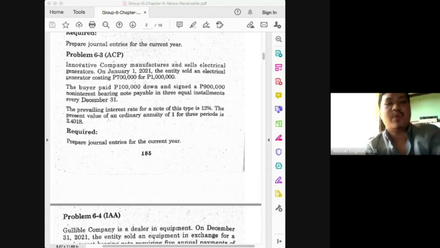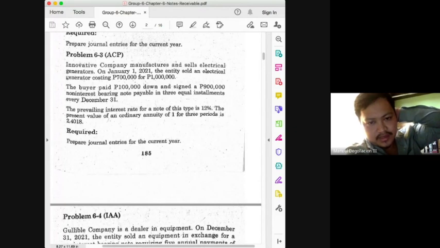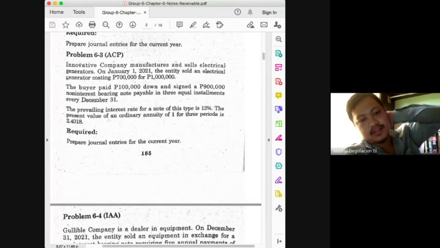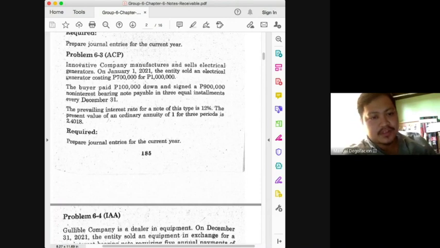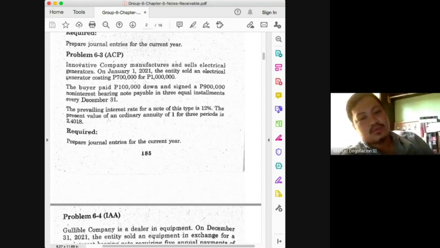Okay. So one way, class, of getting the net balance of our notes receivable after the first year would be by starting from the face value of the note, deduct the payment that you have received, and deduct also the remaining unearned interest income.